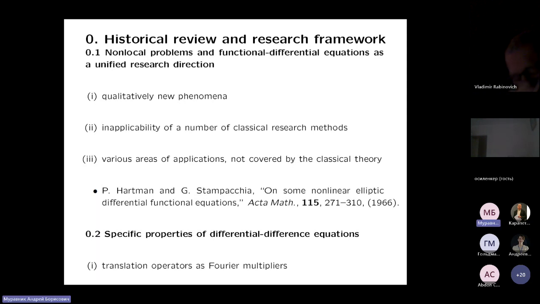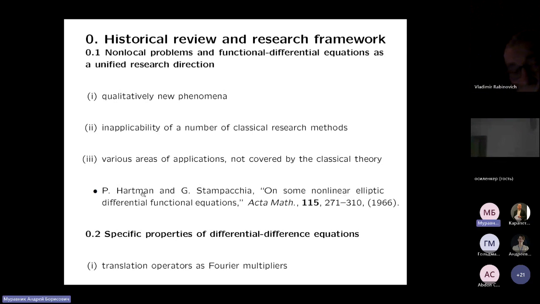But in the contemporary mathematical landscape, we generally refer our readers or listeners to this pioneering work of Hartman and Stampacchia.